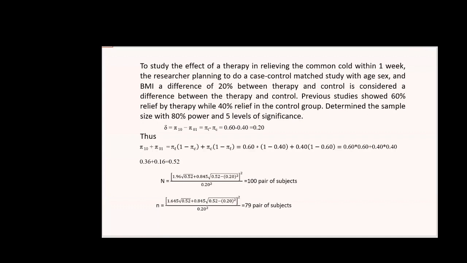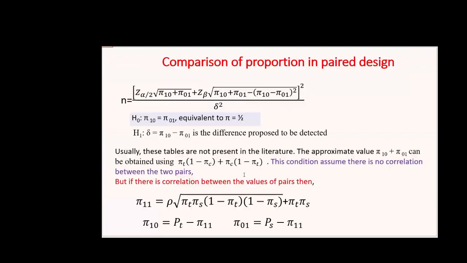Determine the sample size with 80% power and 5% level of significance. So this is our question. We have been given 60% relief with therapy, 40% with control, and 20% considered as our significant difference. But one thing you have to see is that we are assuming here that there is no correlation between the two pairs.